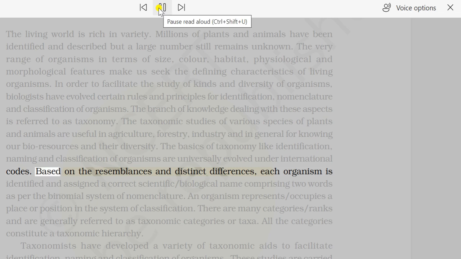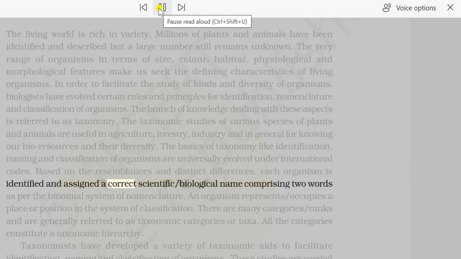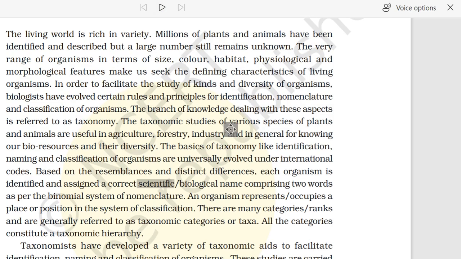Based on the resemblances and distinct differences, each organism is identified and assigned the correct scientific name. So, based on their physical appearance, each animal is assigned a scientific or biological name made of two words, as per the binomial system of nomenclature.